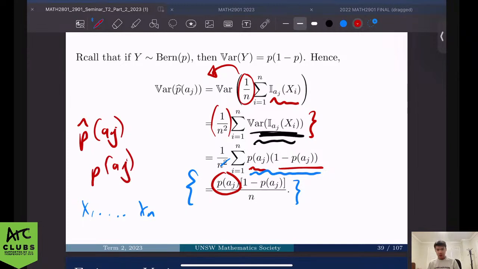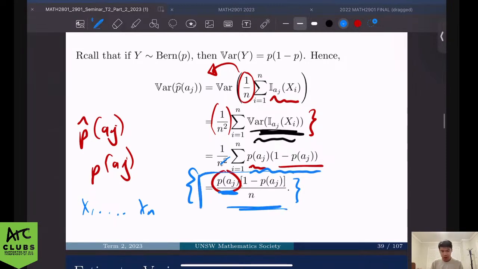So no one actually knows what this is. When you're telling someone the variance of this estimator, you wouldn't tell them this thing over here, because you still don't know what P of aj is. So what you would actually do is give the standard error. First of all, the standard error is a square root here.